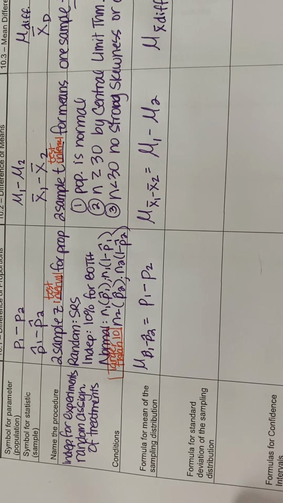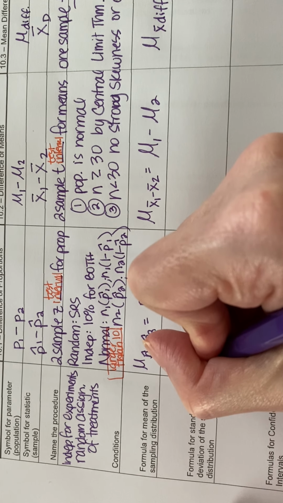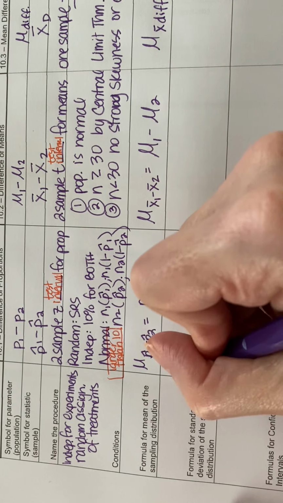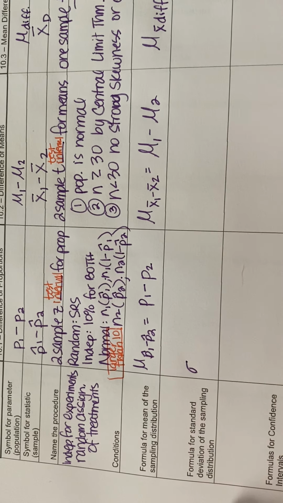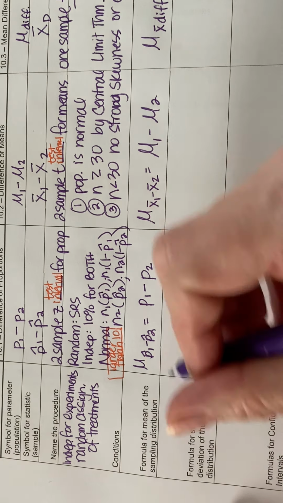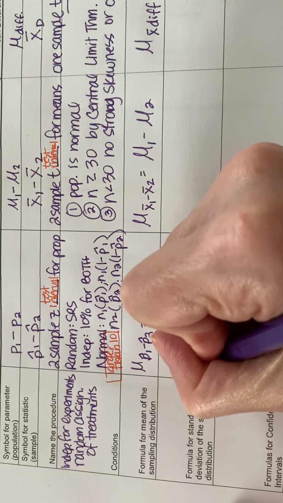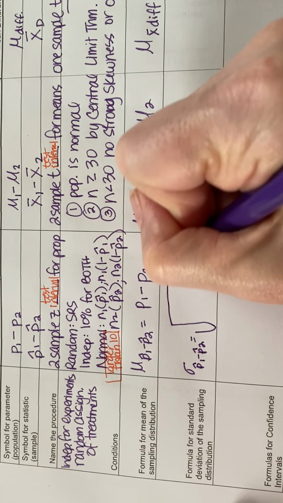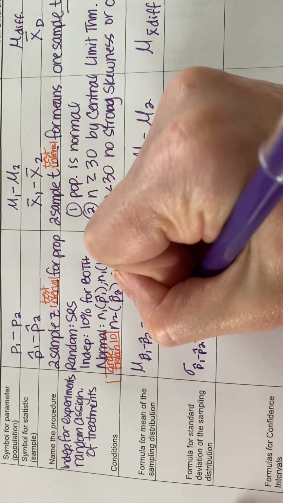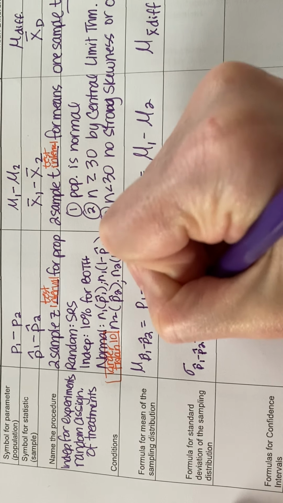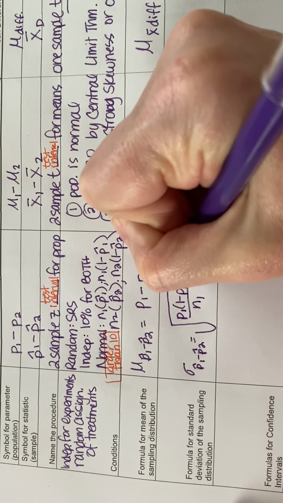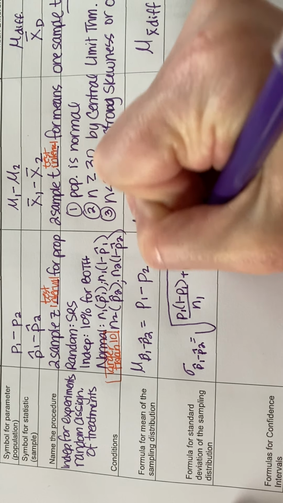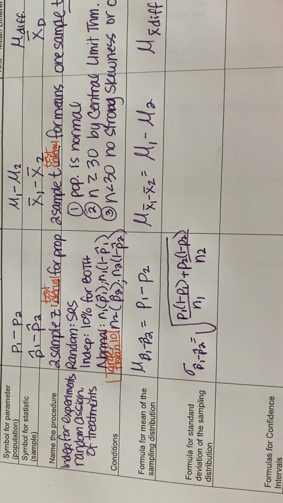All right, the formula for the standard deviation of the sampling distribution. This is going to be sigma, because notice it says the standard deviation. This is not the standard error. I'm going to write that down in just a minute. So the standard deviation of p hat 1 minus p hat 2 is equal to the square root of p1 times 1 minus p1 over n1, plus p2 times 1 minus p2 over n2.